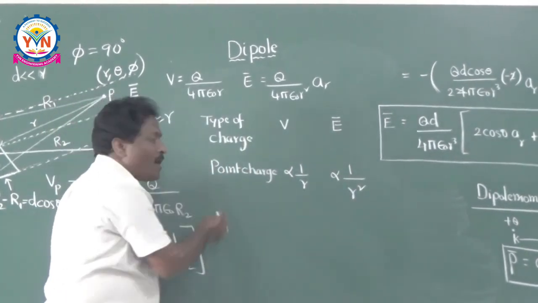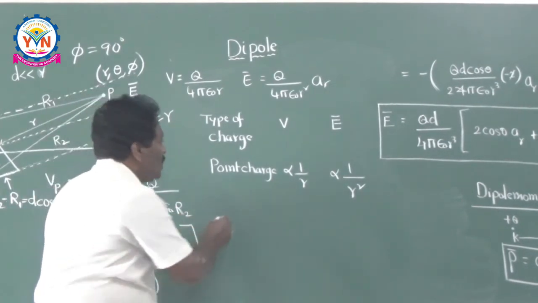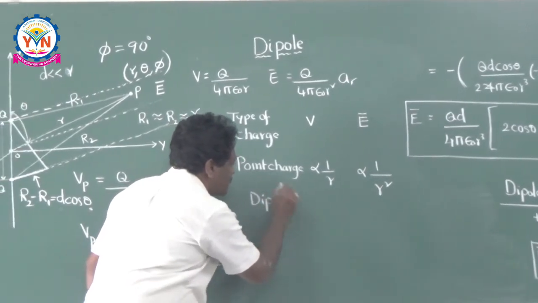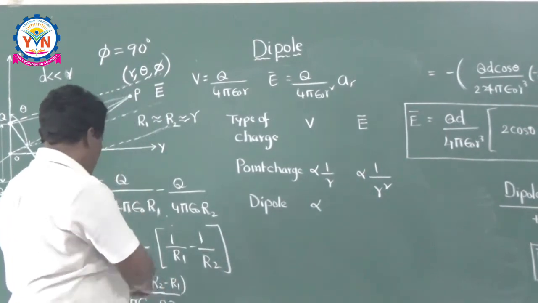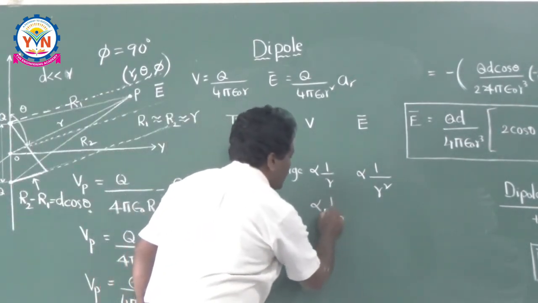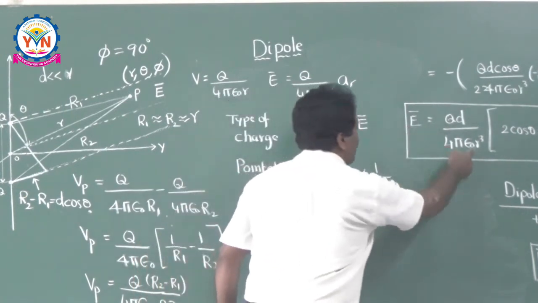Now two point charges become a dipole, as we have just seen. So for a dipole, meaning two point charges separated by a distance, the potential is inversely proportional to R square, so 1 by R square. The electric field intensity is inversely proportional to R cube.